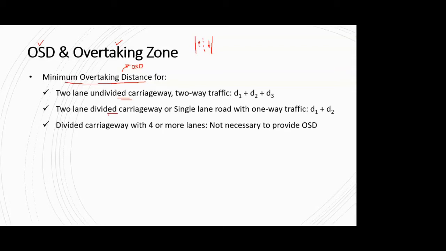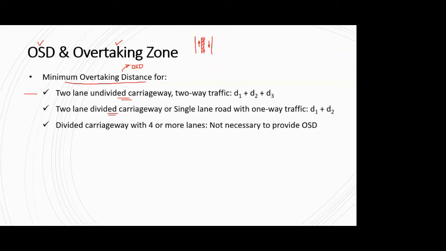And a divided carriageway is where you have a median, the one which we call a divider in plain sense. That divider is the median, the technical term for it. So that median is present on the road, and there is a barricade between the two movements. That is the divided carriageway.